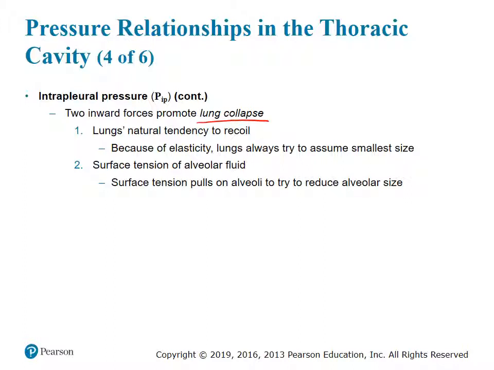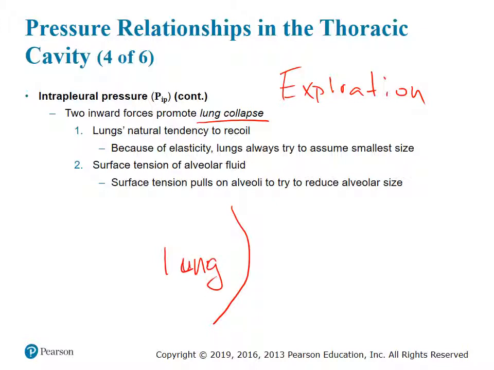So when we're talking about interpleural pressure here and lung collapse, what we're describing is the process involved in expiration, the process of the lung decreasing as we are blowing out carbon dioxide.